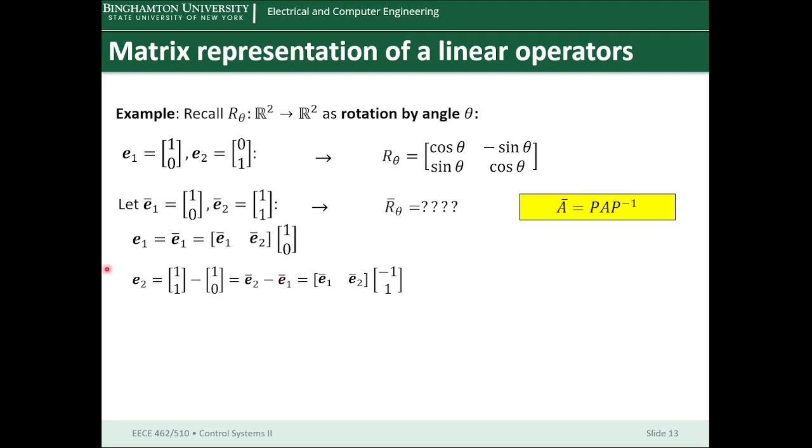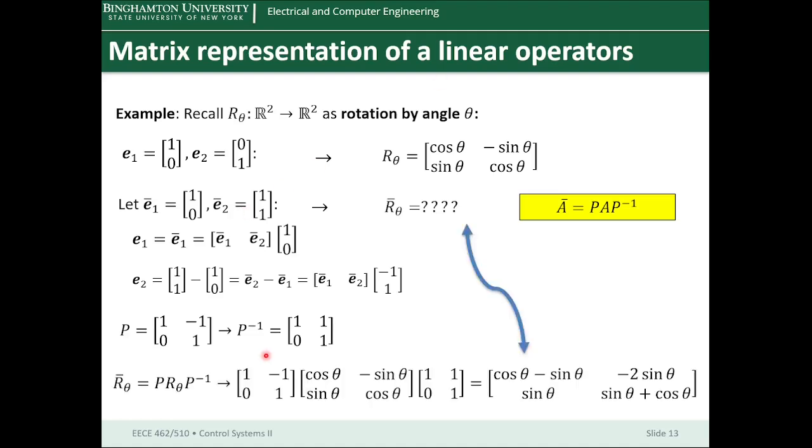Now we build P by putting these coordinate vectors as columns. So P equals the matrix with first column (1, 0) and second column (-1, 1). From here we can also compute P inverse. Now we apply the formula R bar theta equals P times R theta times P inverse. Substituting the matrices into this equation, we can compute R bar theta directly. As you can see, R theta and R bar theta are two different matrices.